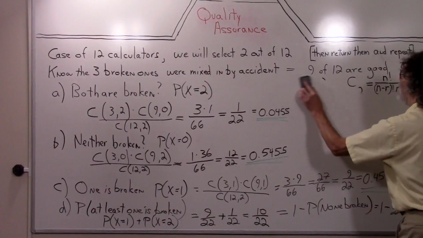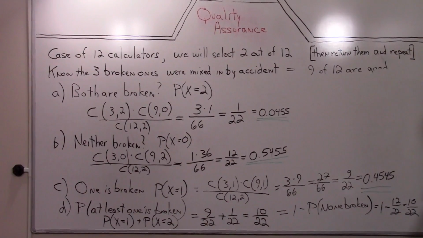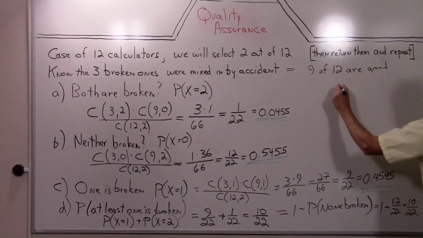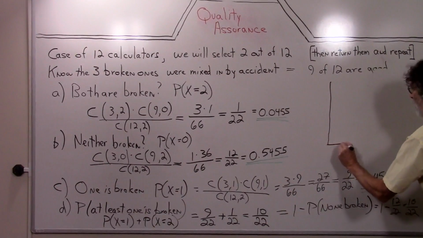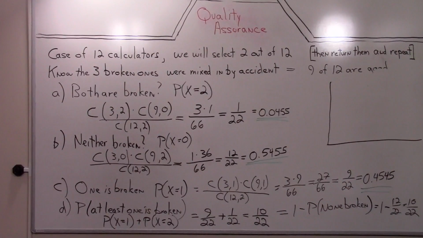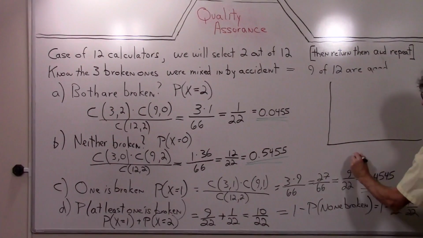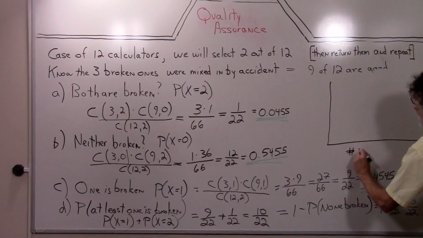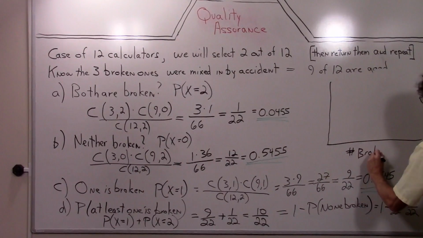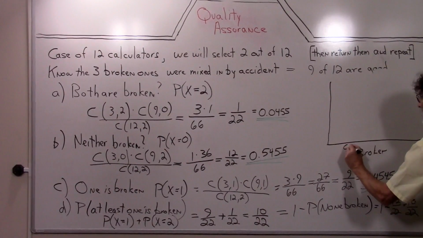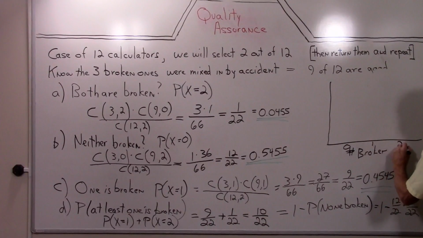The other piece that we can do with that is we can actually graph that. And if we said, what's the number that are broken? And that can be 0 or 1 or 2.